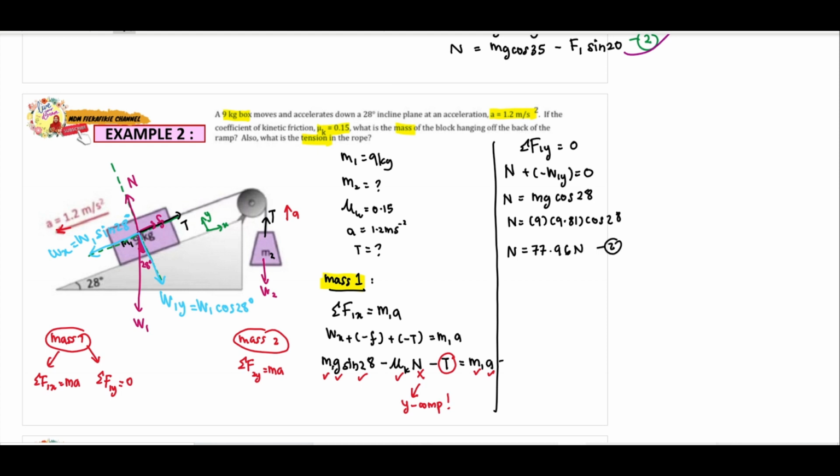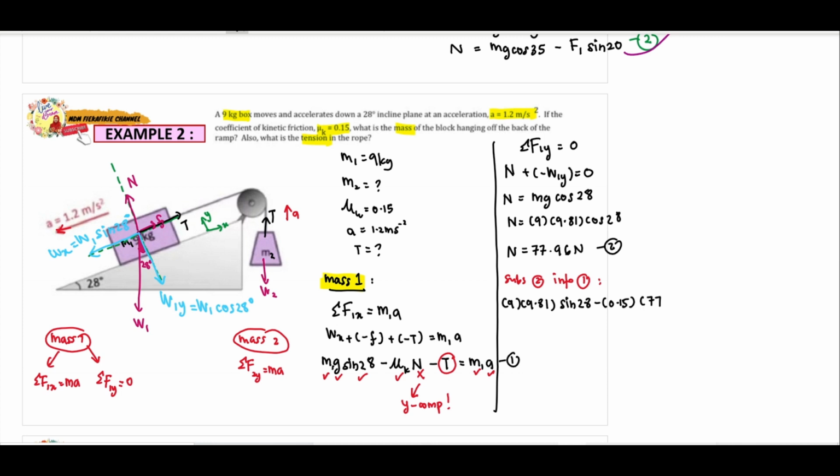Kita namakanlah equation kita. Equation number 1, equation number 2. So, now, let's substitute equation number 2 tadi kepada equation number 1. Okay. So, substitute lah. Masukkan nilai dia. mg, M tadi 9.81. Equation number 1 mg sin 28 minus mu k soalan dah bagi 0.15.